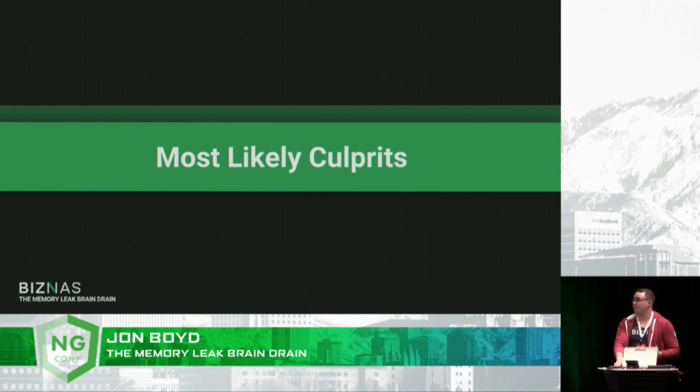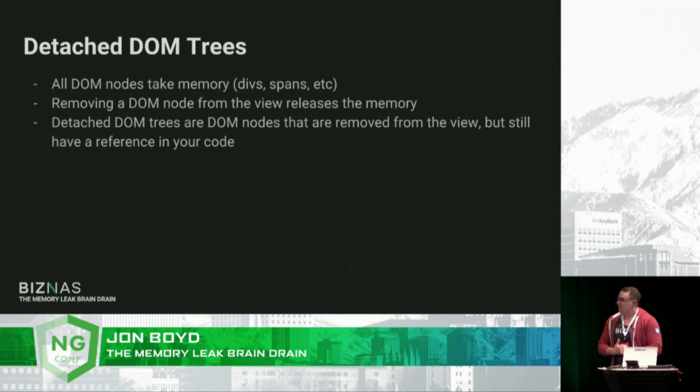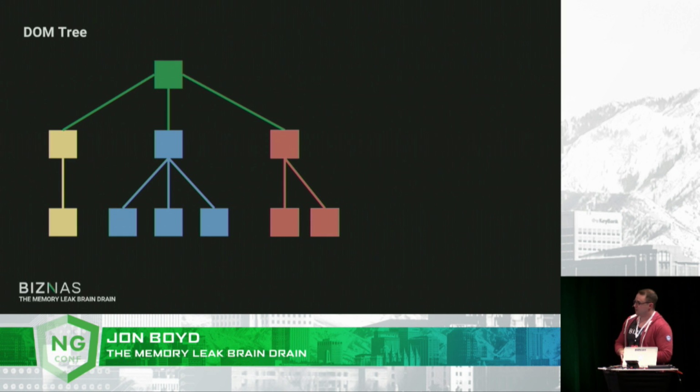So what are the most likely culprits of a memory leak? Detached DOM trees. This is what that first example was showing. But if you think about it, your entire DOM tree can be divided into subtrees. So if you imagine each of these different colors is a different component, then you have a root at the top. If you take away the reference to one of the components, you would think that clears itself up.